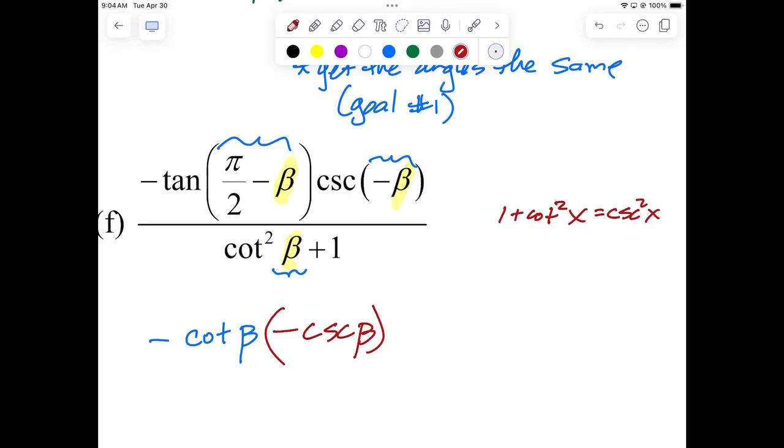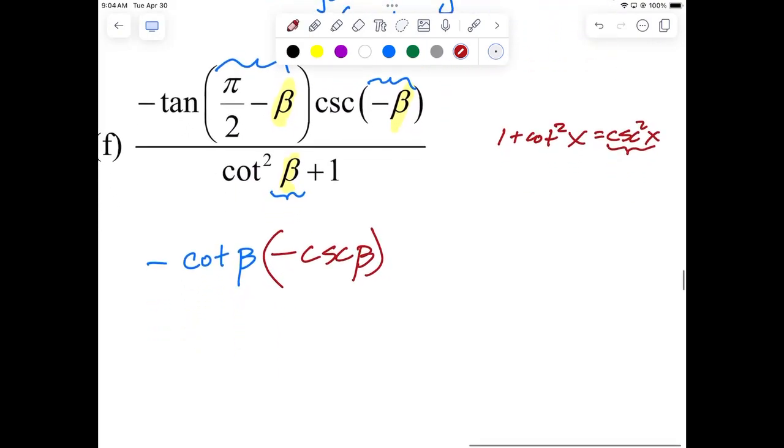Isn't cotangent squared plus 1 the same as 1 plus cotangent squared? Yeah. So would it be worth replacing it with a single trig function? Getting rid of two terms and writing it as one term? That's for sure, because then we can divide out common factors. So yes, the angle is already beta, so I'm going to go ahead and call that cosecant squared of beta in the bottom.